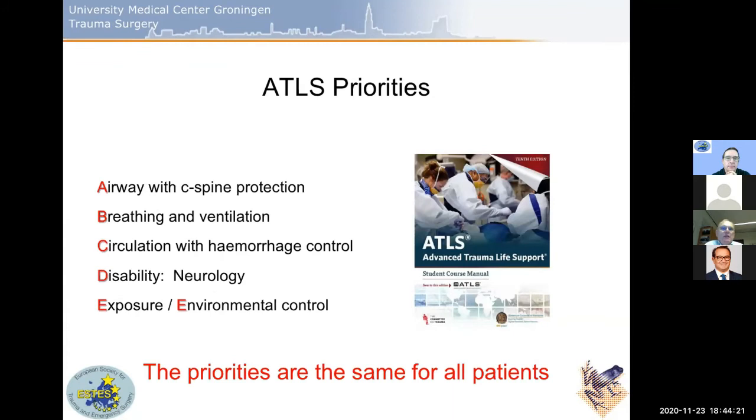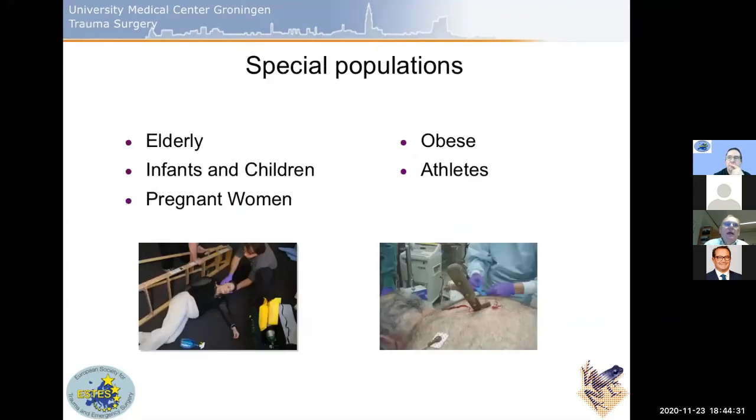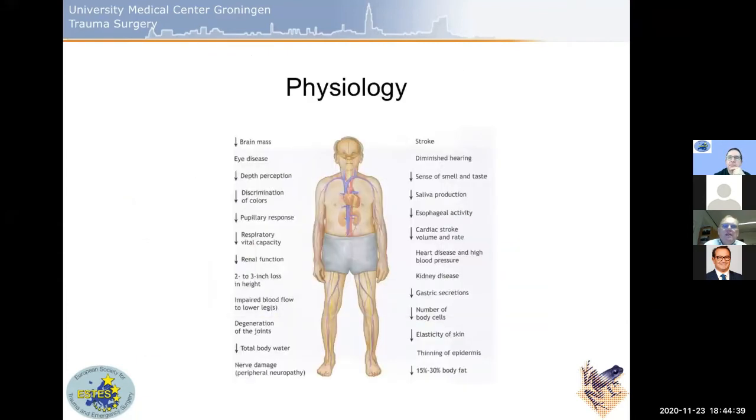We all learn the ATLS priorities, the ABCDE. The priorities are the same for all patients, but we also learn about special populations: the elderly, children, and pregnant women. This is the last slide from the ATLS. It's about physiology, decreasing function.